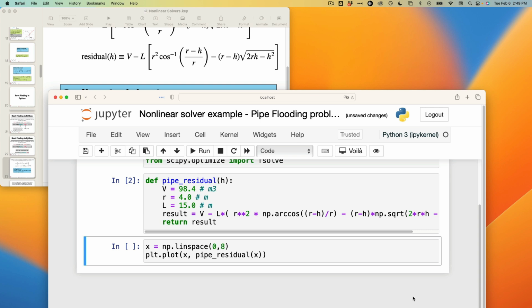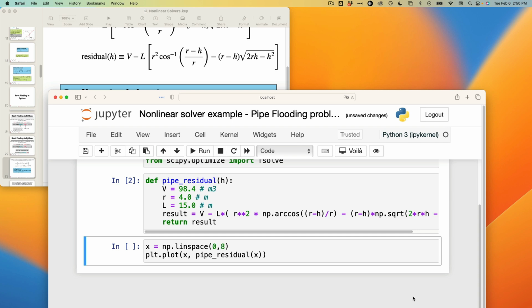Does the residual function have to be positive? Negative? Doesn't matter. In fact, it has to go from positive to negative if there's a solution, because that's the only way you can get a root, for the function to change sign. Otherwise, you will never cross the x-axis. Does that make sense? If a function is always positive or always negative, it means it never crosses the x-axis. It means it doesn't have a root. So I do expect that this function intersects the x-axis if it has a solution.